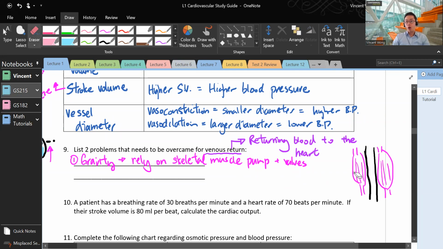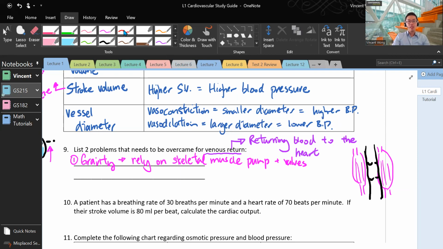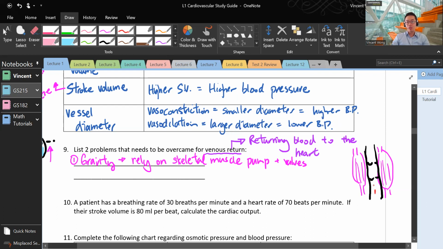So when you walk around, the contraction of those muscles will squeeze the veins, and then that will cause the blood to go up. But as soon as you relax the muscle, then the blood will fall back down, right? So we don't want the blood to fall all the way back down. And so what we do is put some valves right here in the veins. So when you walk, the blood goes up.